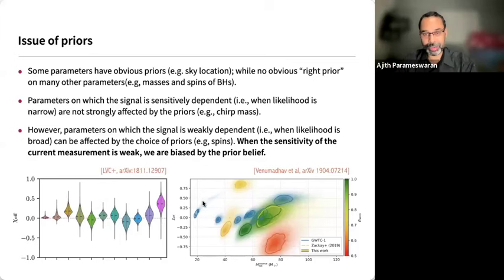And here is an independent analysis from the IAS group. And here they see some rather highly spinning objects. There's some with high spins, small spins, etc. The reason is that here they used a prior in the effective spin that is flat in effective spin. It's uniform in effective spin.